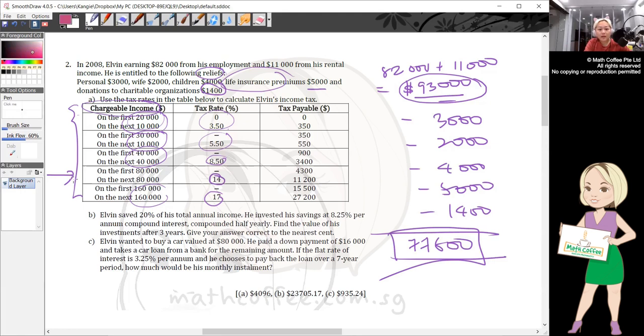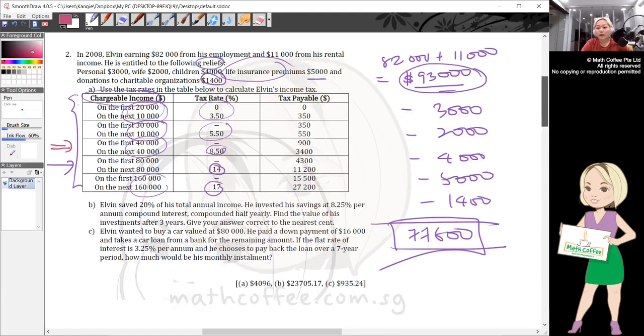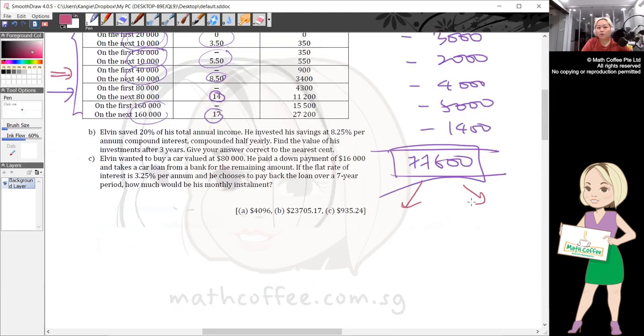So instead of looking at 14%, now I'm using this to calculate my tax. So how do I calculate? This amount was split into 2. The first 40,000 they already calculated for you is 900. But if you go and calculate, actually this $900 is 8.5% of 40,000. It's just that they calculate nicely for you.